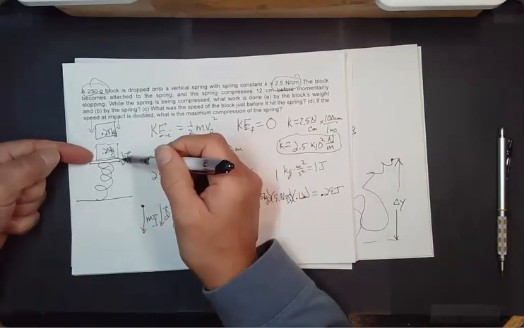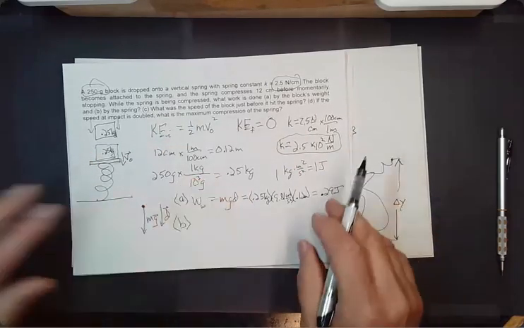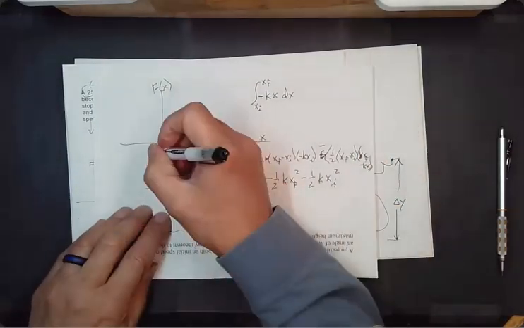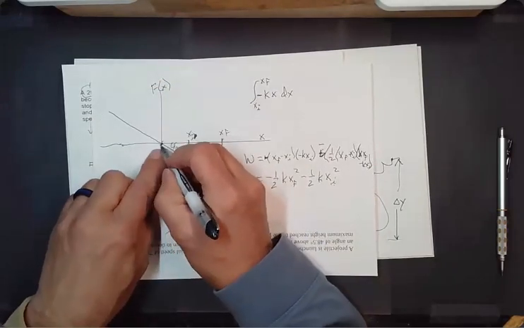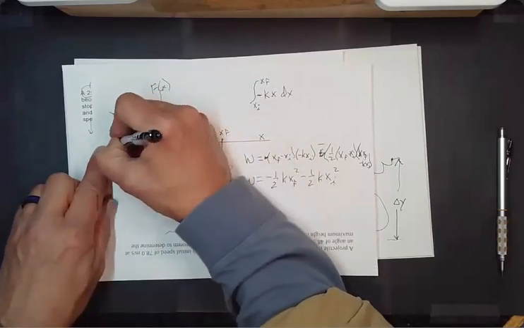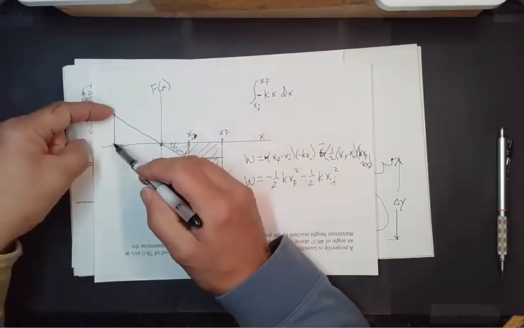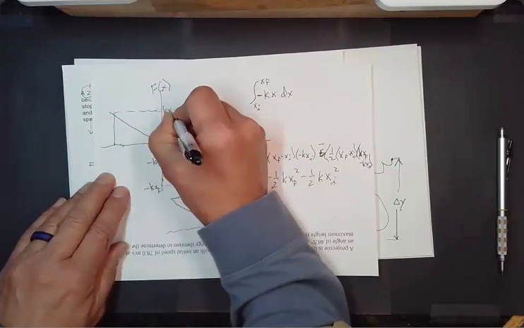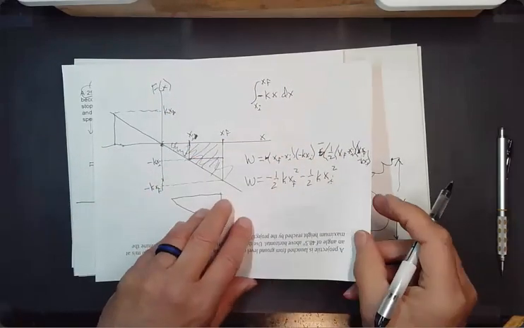Okay, we're starting from the equilibrium position. We're compressing the spring. If I go back to my graph here, what we're doing in this case is starting from the equilibrium position and going in this direction. So in this case, delta x is going to be negative, and we'll have the height of the spring up here. This will be kx final, but x final is negative. We started off at 0.